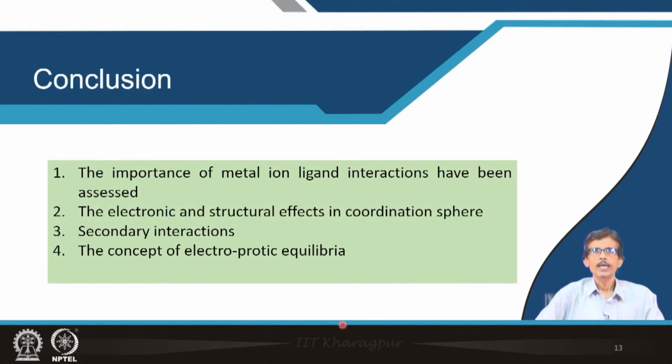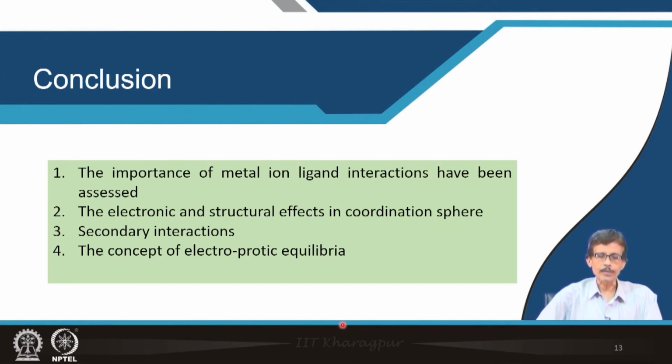In conclusion, what we have understood from this class is how important the bond formation is between the metal ion, which is Mn+, and L. Metal ion ligand interaction can be assessed by knowing the E0 value, the stability, and the structure.